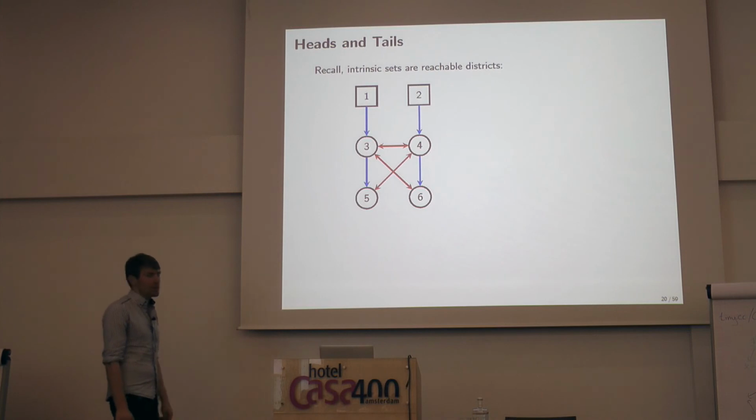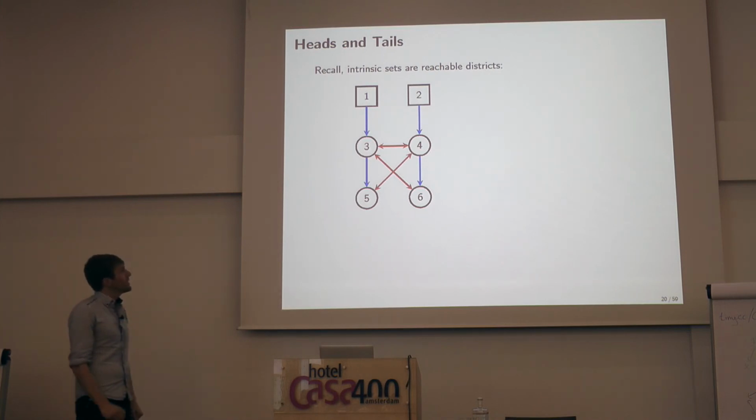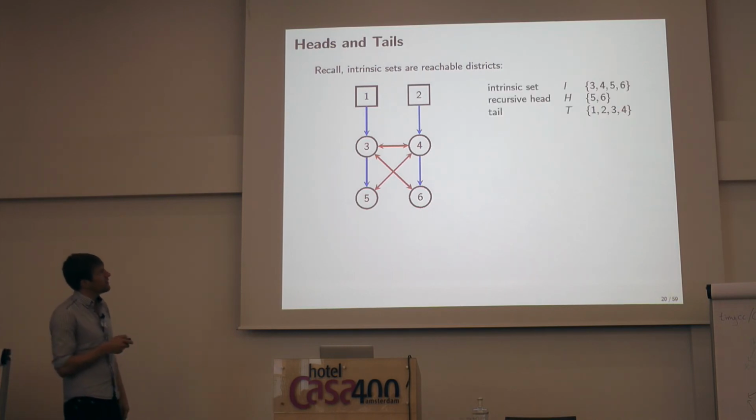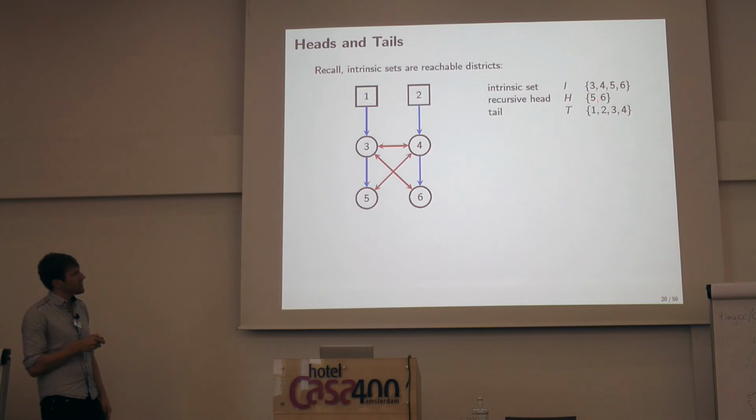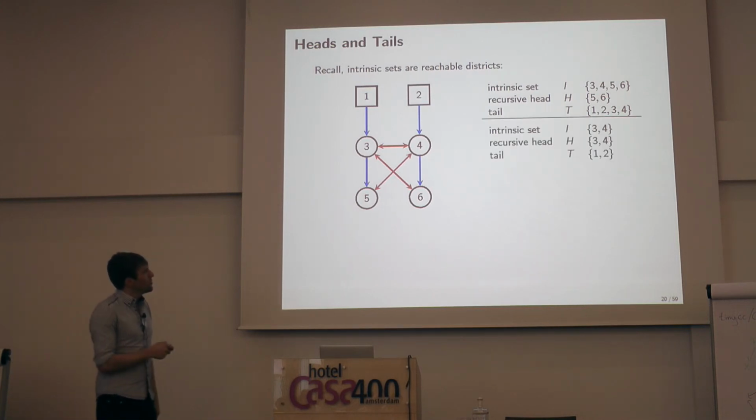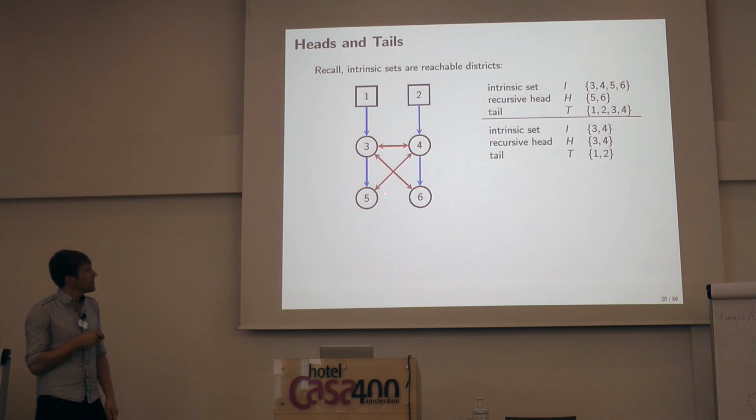So I think an example is definitely good for now. So here's a graph. It's a single intrinsic set. It's a single district. So it's got a head. The intrinsic set is 3, 4, 5, 6. The head is the barren vertices. That's 5 and 6 in this case. And the tail is everything else. After I remove the head, what's left is this set up here.